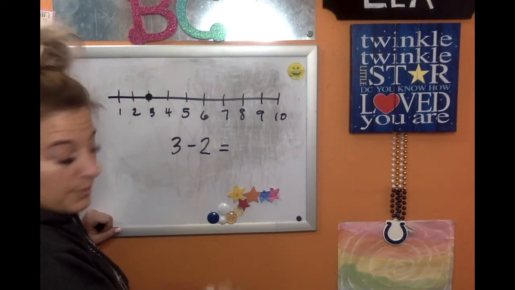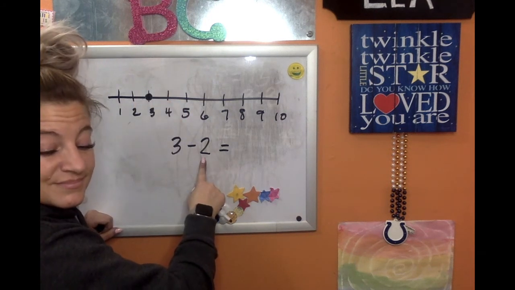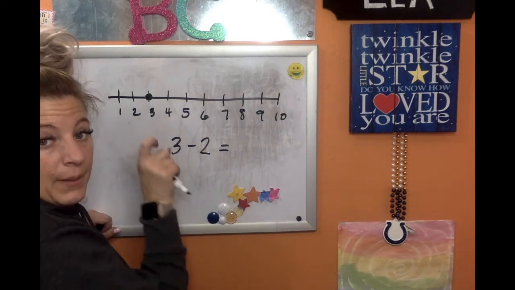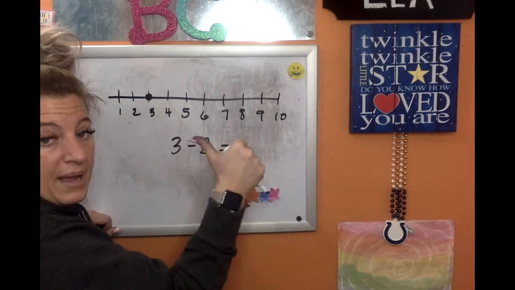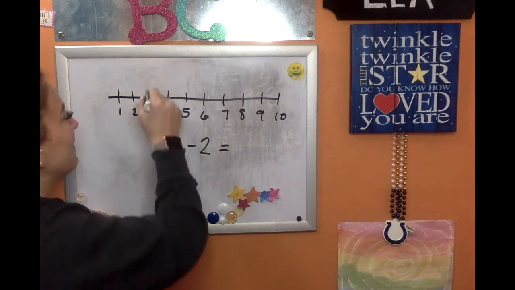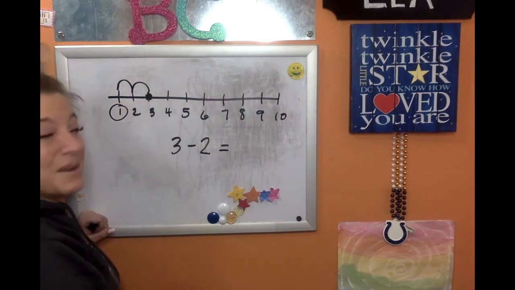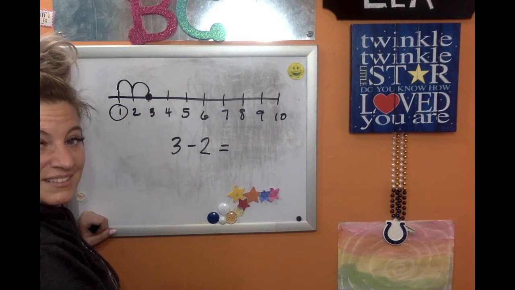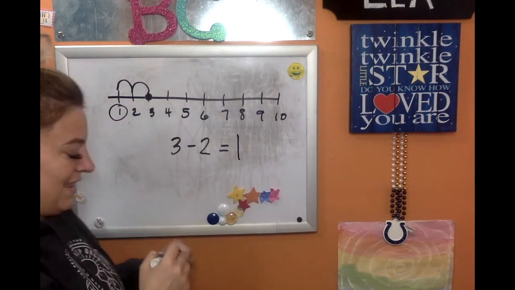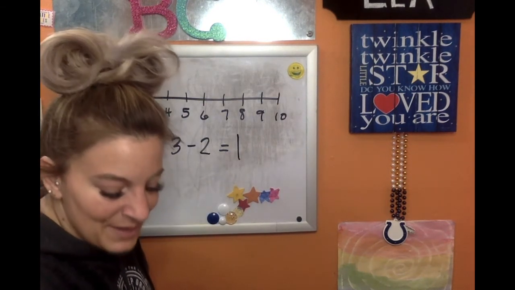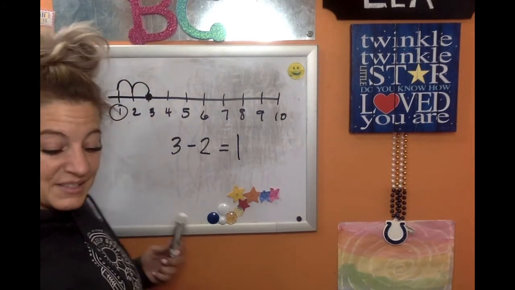How many hops are we going to do? 2. Are we hopping forwards or backwards? Backwards! Count with me. Ready? 1, 2. What number is it? 1. Good job.